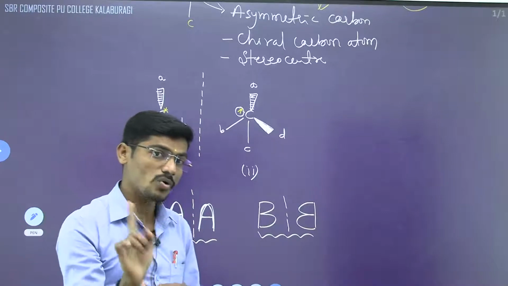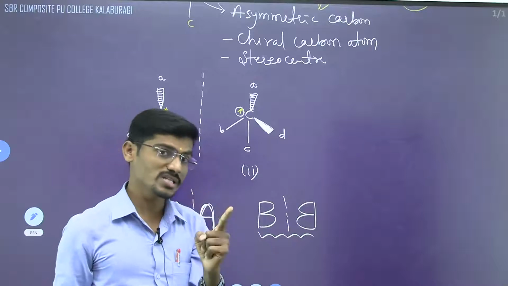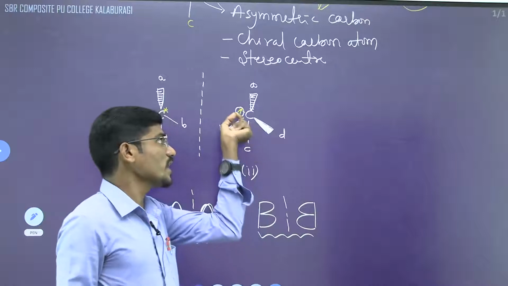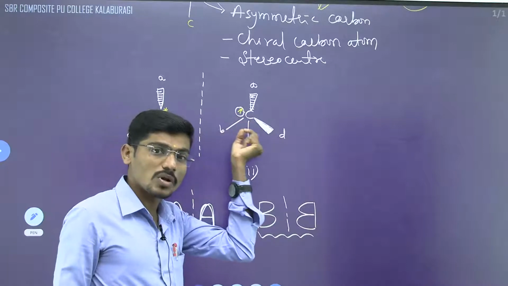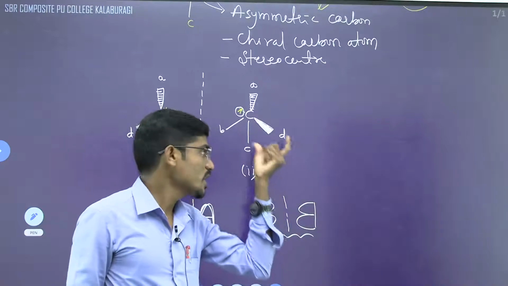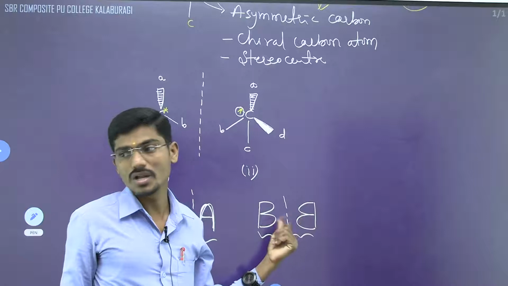Therefore it can rotate the plane polarized light towards left or right, and it gives mirror images which are non-superimposable on each other.